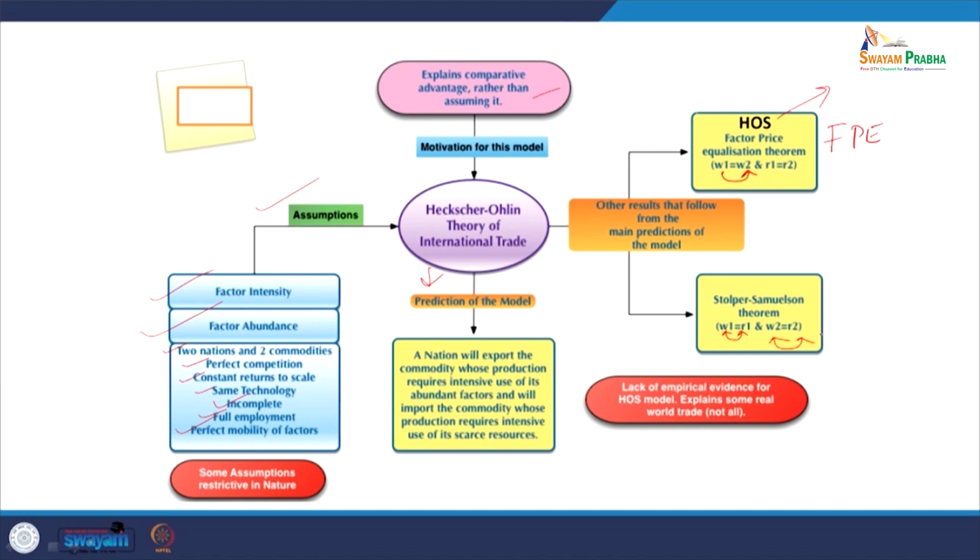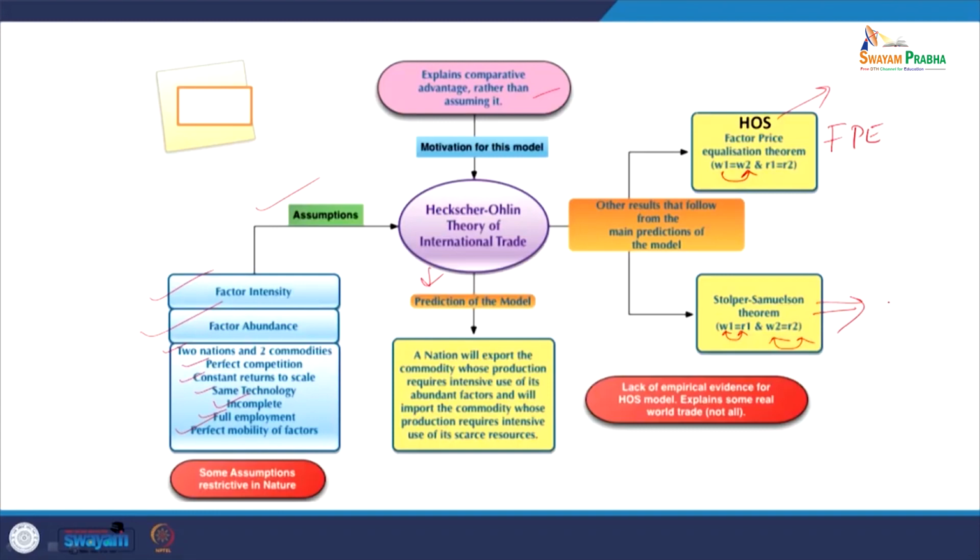So basically it is not just the price of factors, the price of products is also equalized. Not just the price of one factor is equalized with that of another country, it is equalized across the factors.